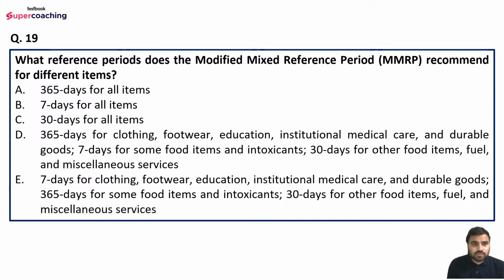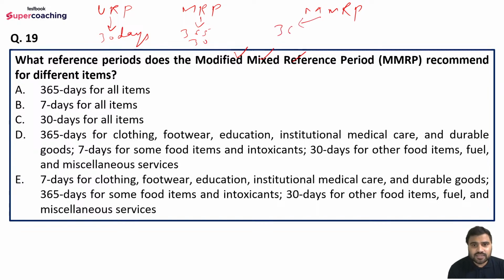Now moving on to question number 19, what reference period does the modified mixed reference period, right? तो यहां पे बेसिकली हम क्या कर रहे हैं, अंडर द यूआरपी देयर आर थ्री मेथड्स, ठीक है, यूआरपी हो गया, देन हमारा एमआरपी हो गया, दैट इज मिक्स्ड रेफरेंस पीरियड, एंड थर्ड इज द एमएमआरपी, राइट, दैट इज मॉडिफाइड मिक्स्ड रेफरेंस पीरियड. तो यहां पे रेफरेंस पीरियड वाज 30 डेज, here the reference period, two reference periods are there, that is 365 days and 30 days, and here three reference periods are there, that is 365 days, 30 days and 7 days.